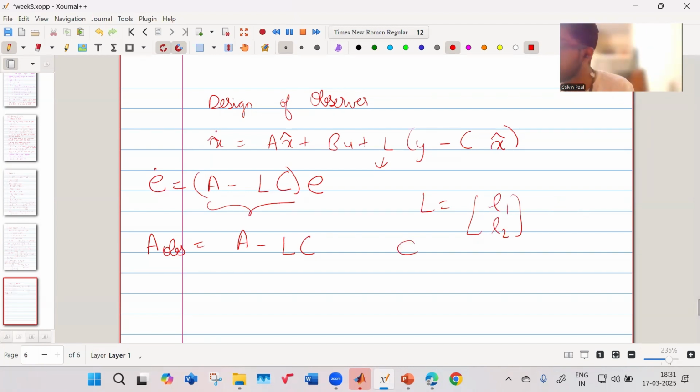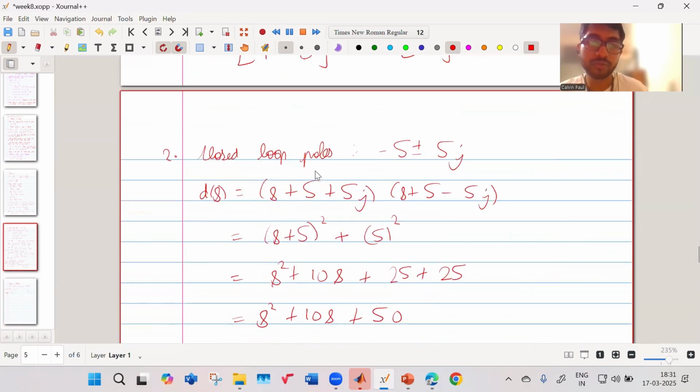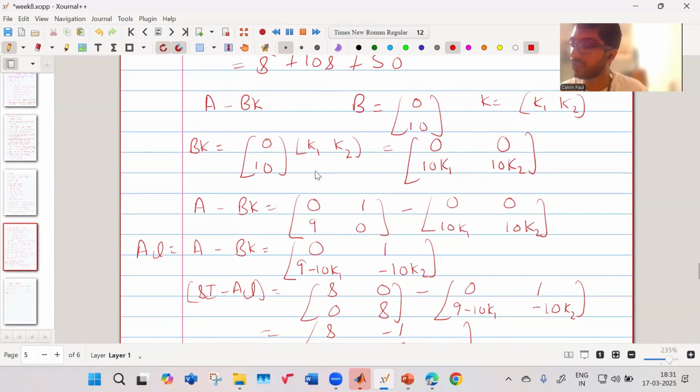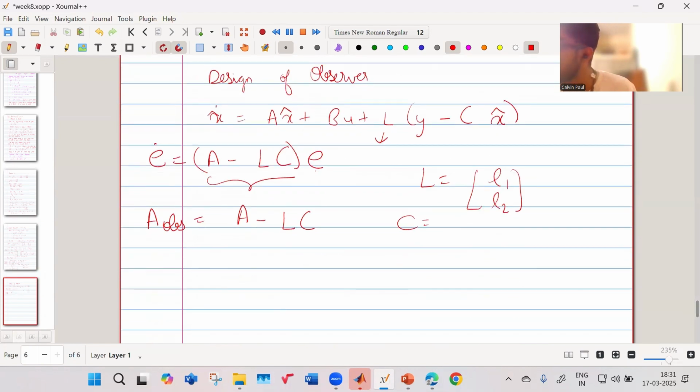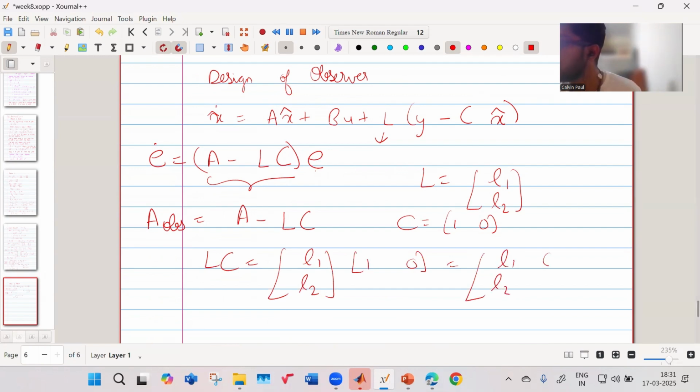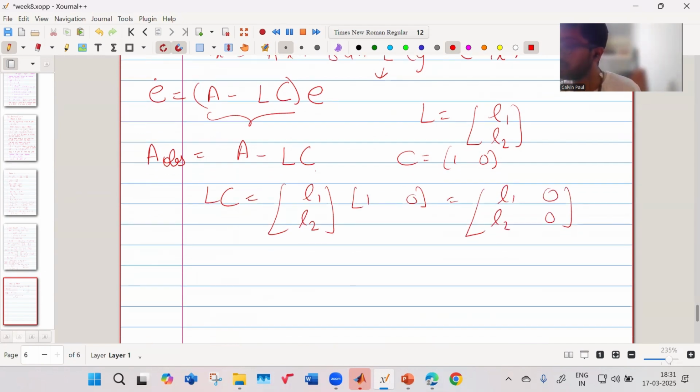So what is our C? If you look back, C is equal to [1 0]. So L into C is [L1; L2] times [1 0], that is equal to [L1 0; L2 0].